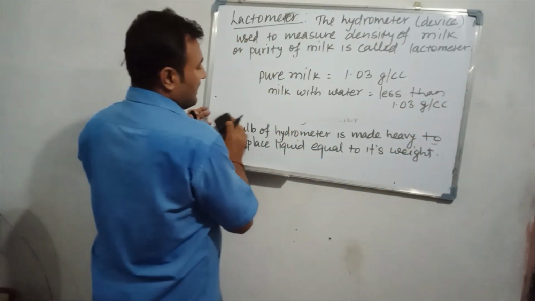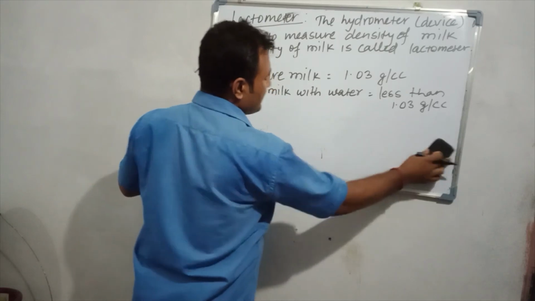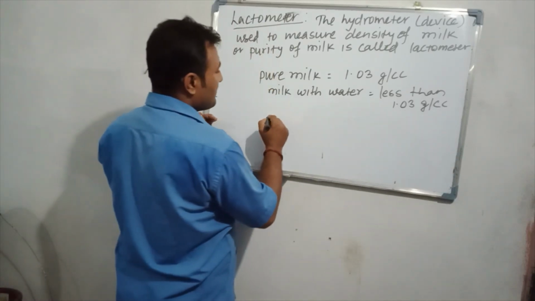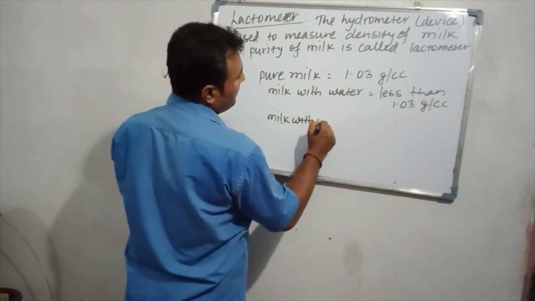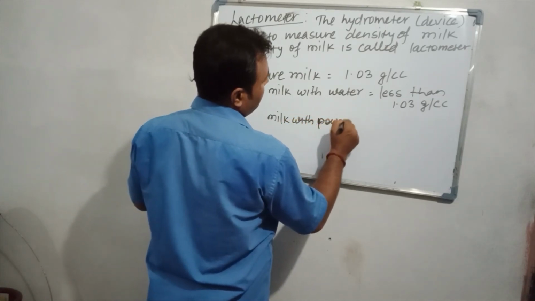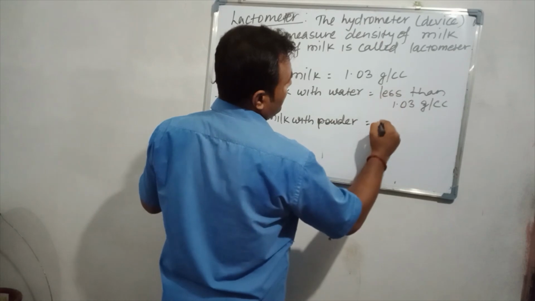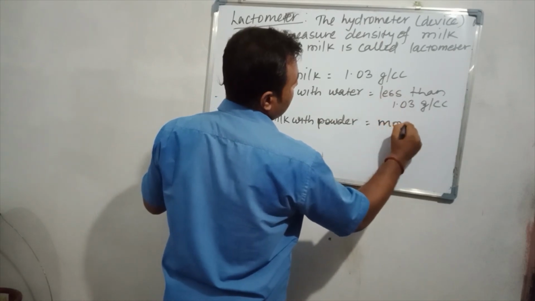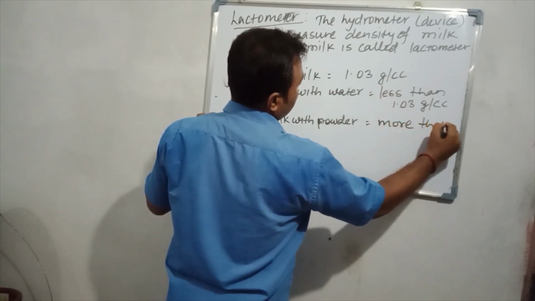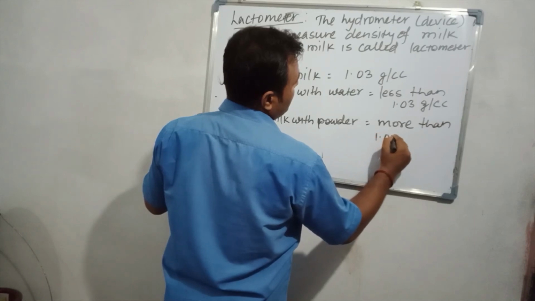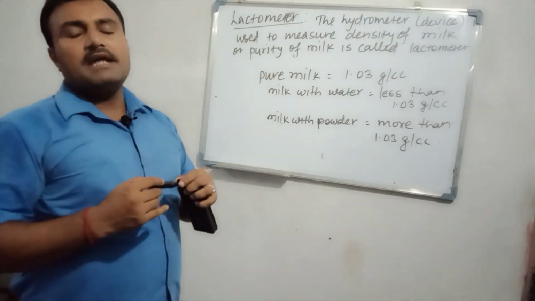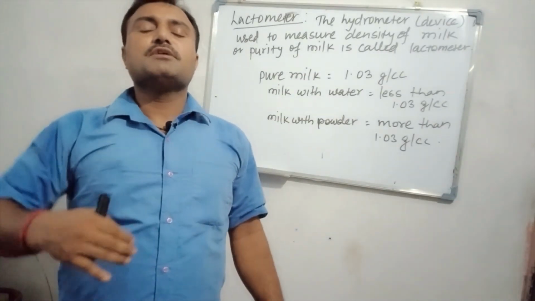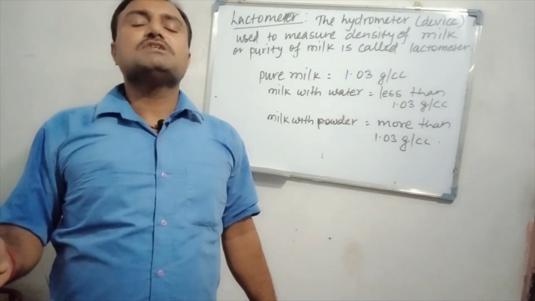Sometimes milk gets contaminated with chemicals, such as milk powder, and it has more than 1.03 gram per cc. In this way, the lactometer measures the purity of milk in a certain range.